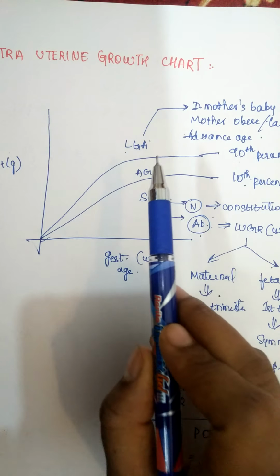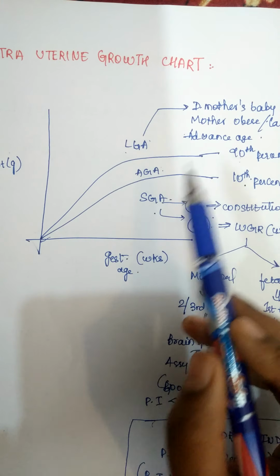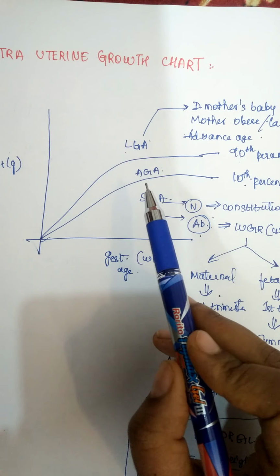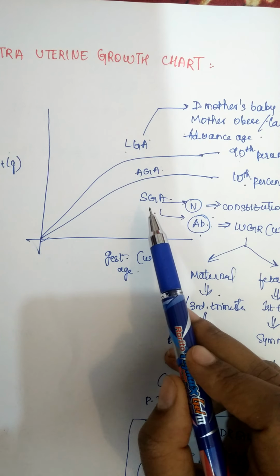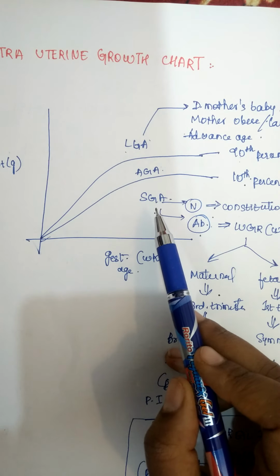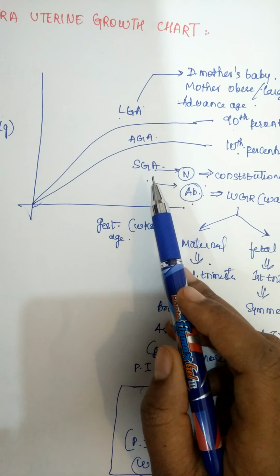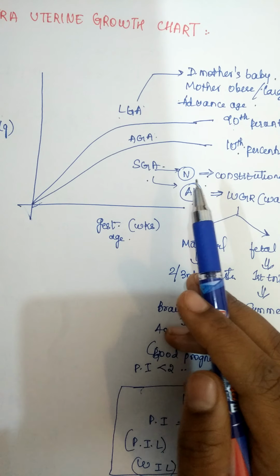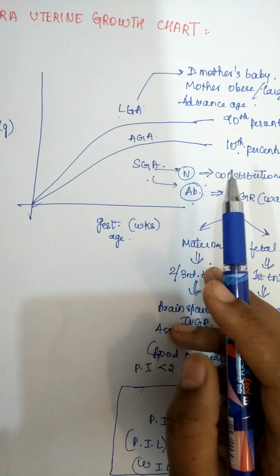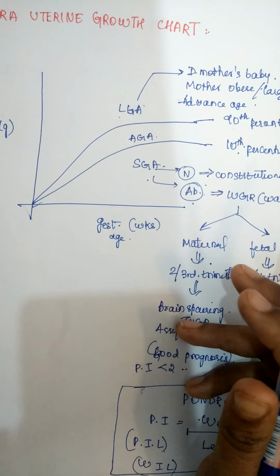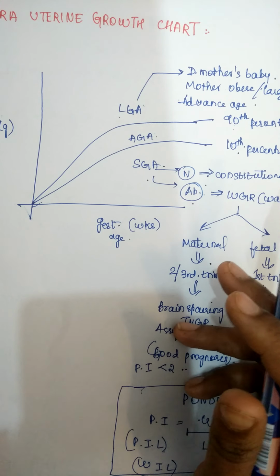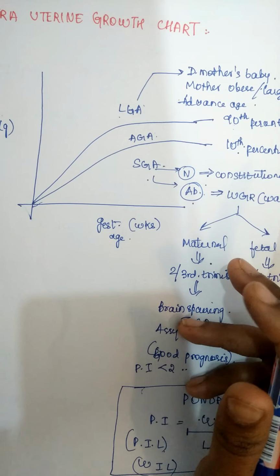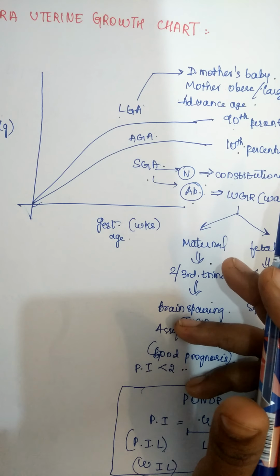LGA is diabetic mother, obese, stature is big, like that. AGA is between the 10th and 90th percentile. SGA is constitutional, that is the normal variant. Abnormal variant is IUGR. If it is due to fetal cause, it results in symmetrical IUGR. If it is due to maternal, it is brain sparing asymmetrical. To differentiate, we have to see the Ponderal index. Ponderal index is pill and will.